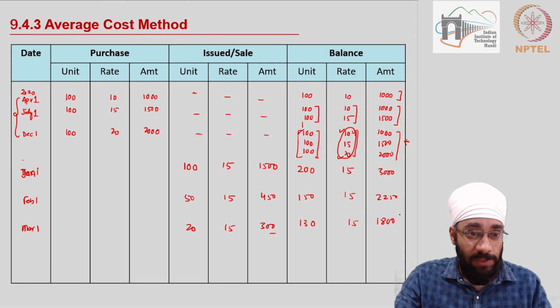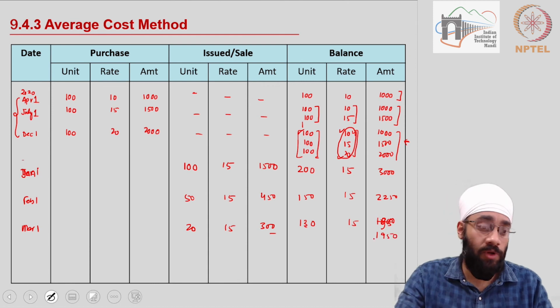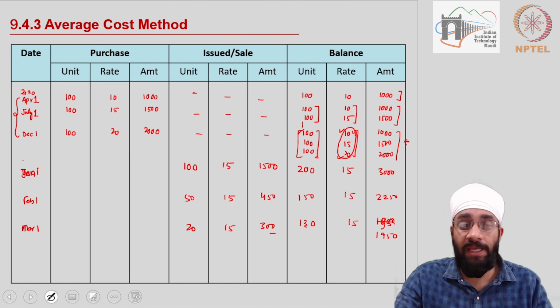I hope the numbers are right. 2250 minus 300. No, that's not right. So this should be 300. So 1950. This is the amount of stock left at the end of the period.